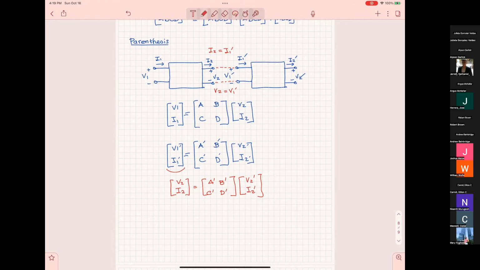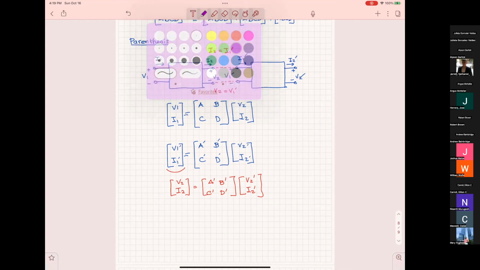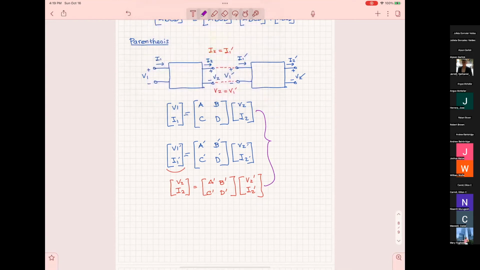So from these two, I can write that V1, I1 is nothing else but A, B, C, D times A prime, B prime, C prime, D prime, times V2 prime, I2 prime.